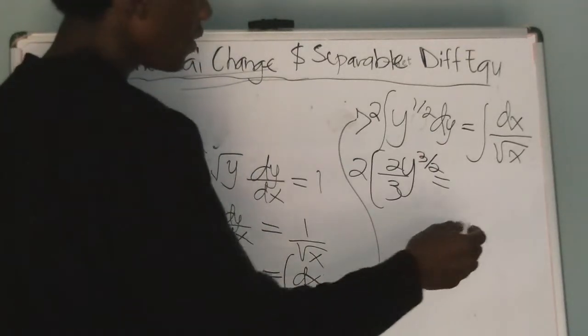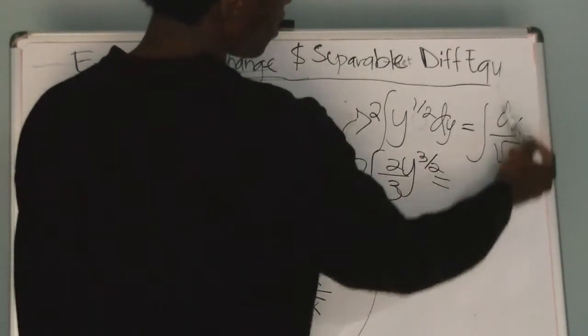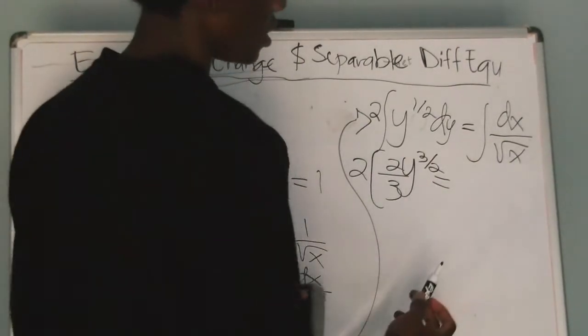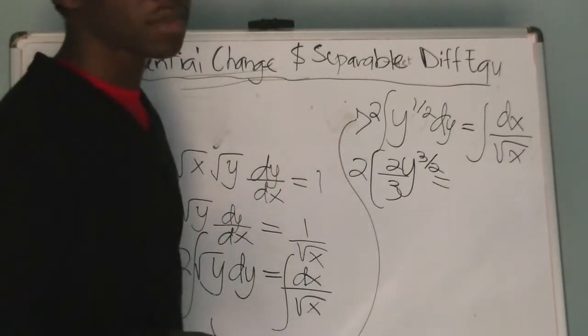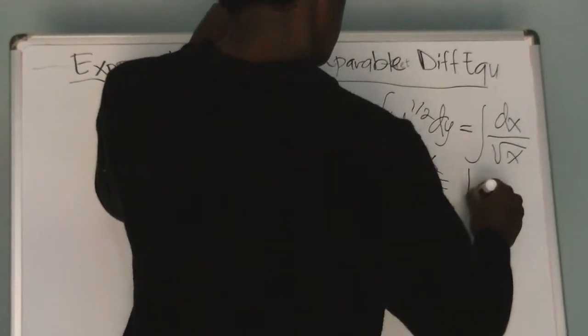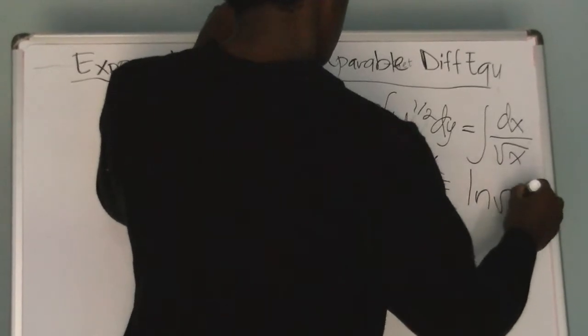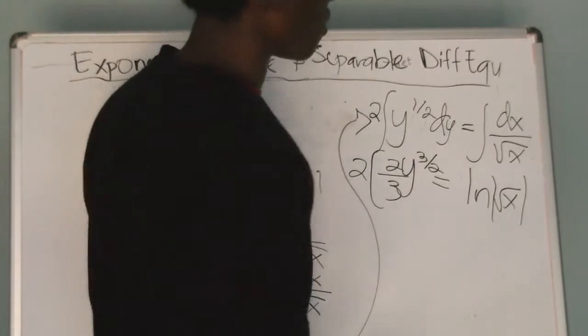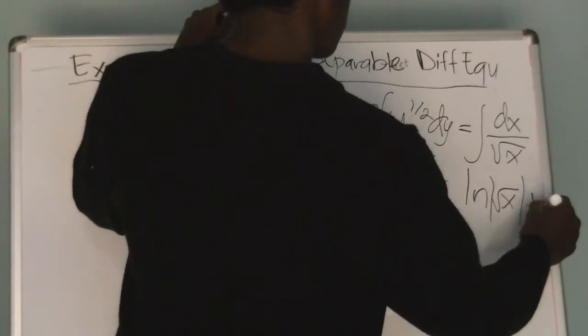Well, I know this is just 1 over the square root of something, and if I were to call this u, and I would integrate 1 over u, it would just be the natural log of u. So in this case, it would just be the natural log of the square root of x, absolute value, because that can be a negative number, plus c.